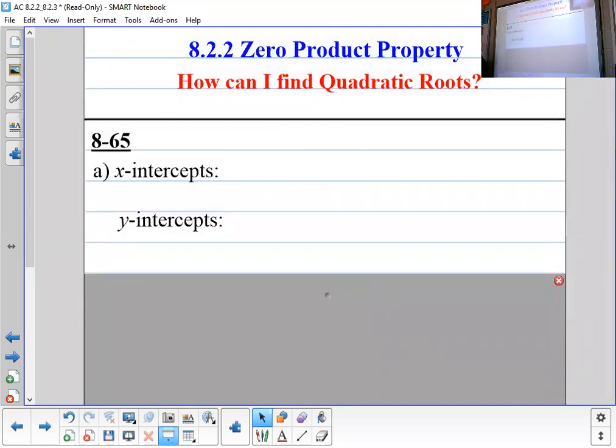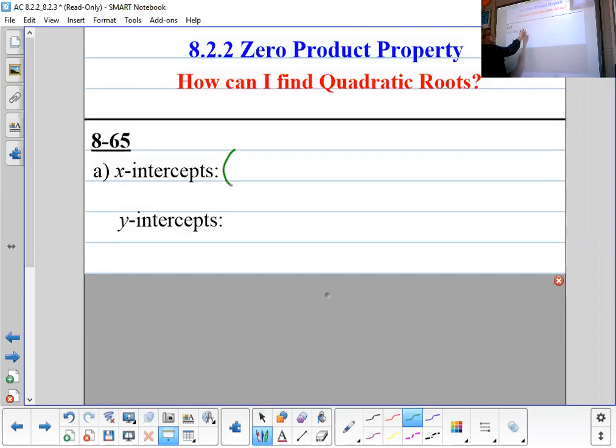Okay, so when I have an x-intercept, what is the x value for an x-intercept? The x value is going to be a number. And what is the y value? 0. So an x-intercept is a point along the x-axis, and it's always going to be whatever number it is for x, and then 0 for y.